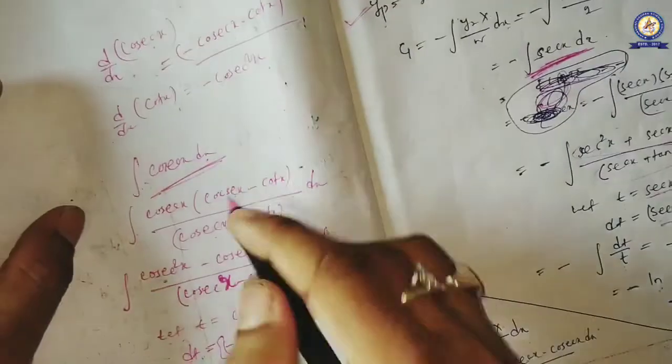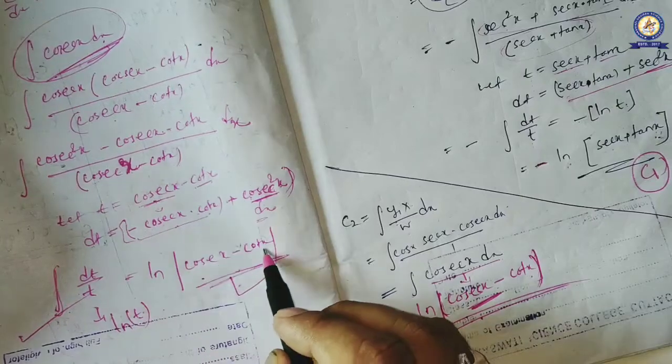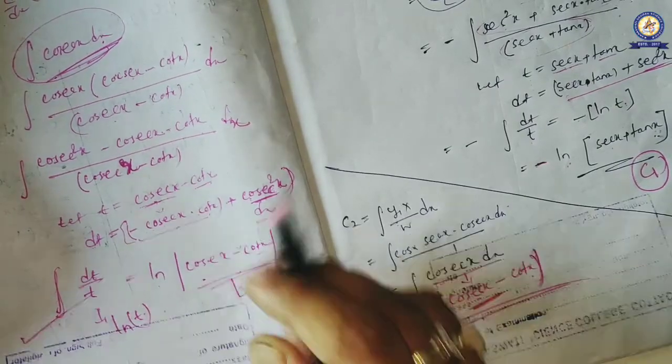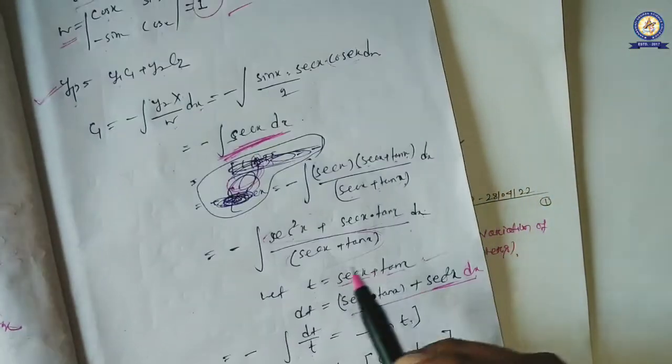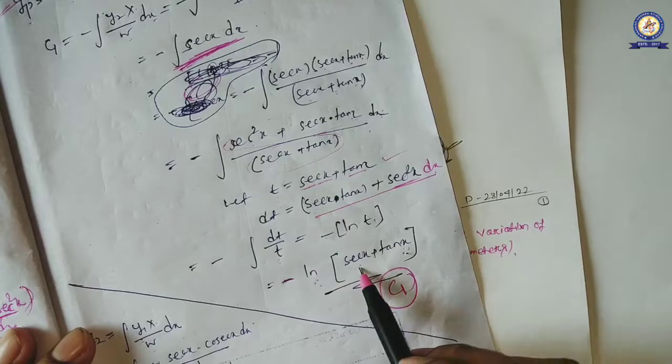So I suggest that you remember these two important integrations. Integration of cosec x is ln of cosec x minus cot x. No need to derive all the things always in your exam. Likewise, you have to remember that the sec x integration is ln of sec x plus tan x.